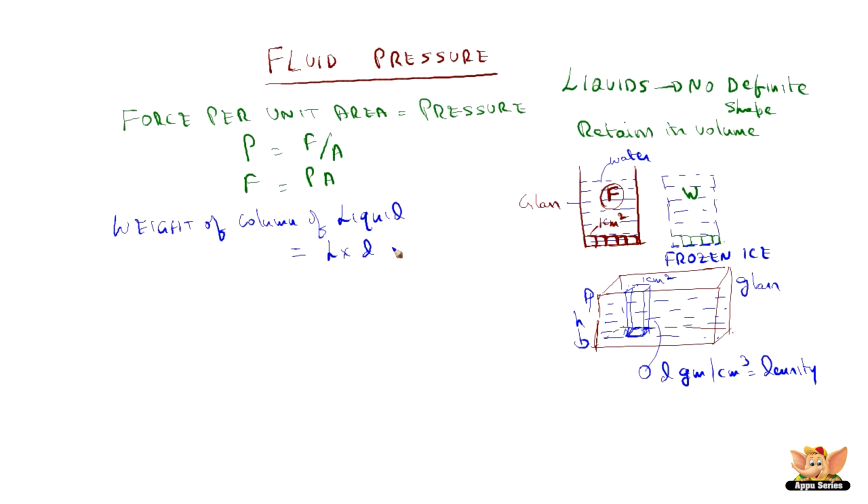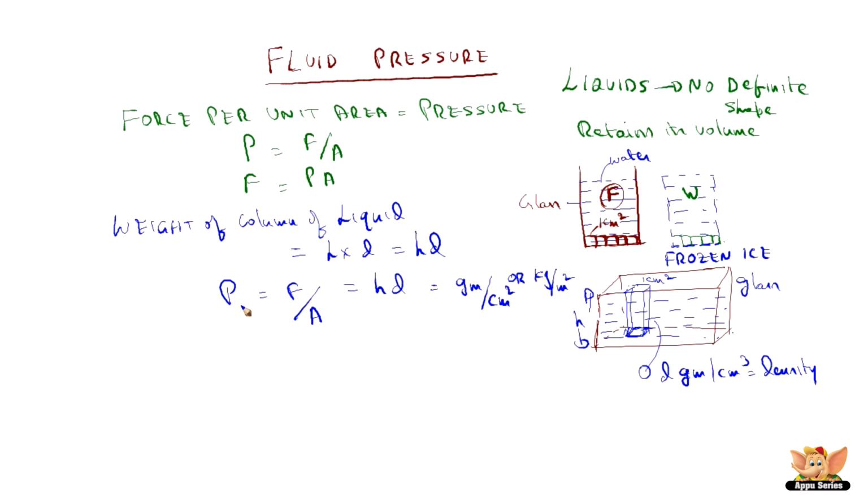So the weight of the column is hD, and we know that P is the force per unit area, which is nothing but the pressure. The pressure is nothing but hD, the weight of the column of liquid per unit area. The units become gram per centimeter square in this case, or kg per meter square, based on how the dimensions are given.